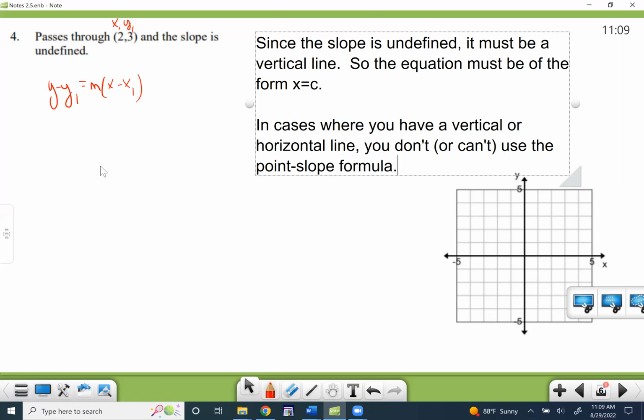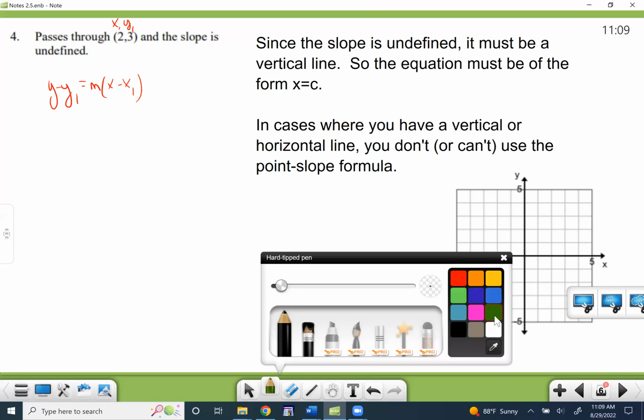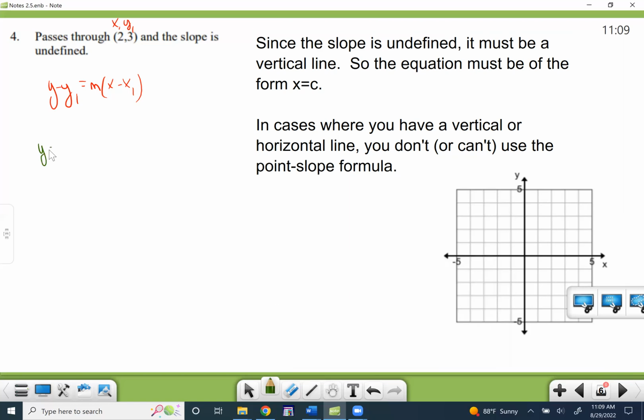What I mean by that is, if my slope is undefined, I can't just write y minus 3 equals, and then the word undefined for the m, and then x minus 2. It doesn't make any sense. So we're just going to have to use our brains and a picture.